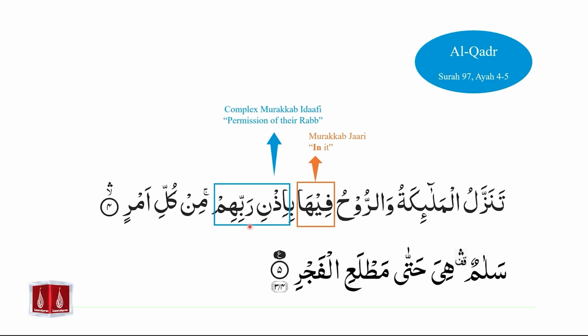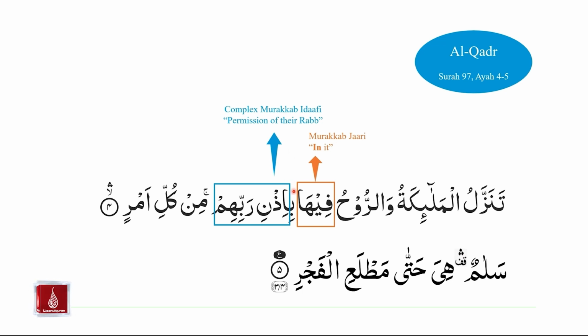Rabbi meets criteria for it to be mudaf ilayh because it is majroor. However, Rabbi also meets criteria for mudaf because there is no al and there is no tanween. And finally, him meets criteria for mudaf ilayh because it is majroor. So izni rabbihim is actually a complex murakkab izafi. It can be translated to permission of their Rabb.